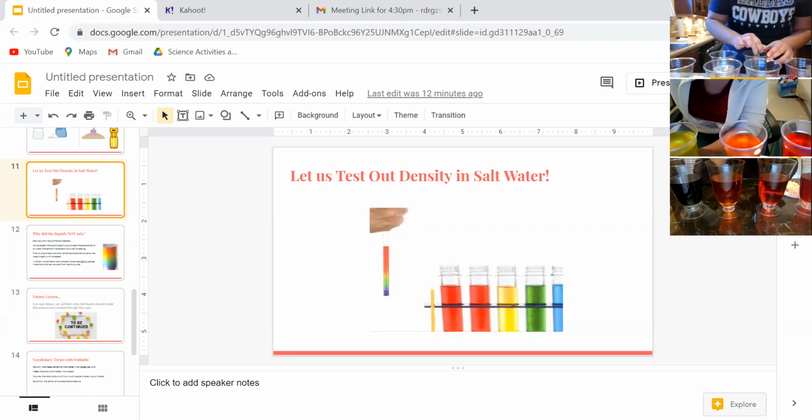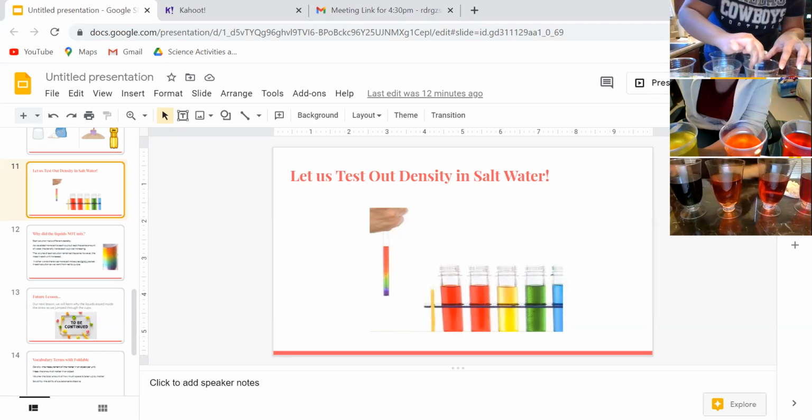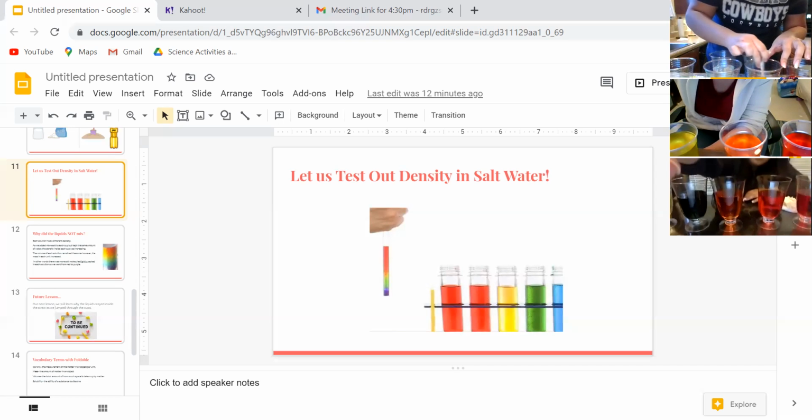So as we're stirring, what have you guys noticed that happened to the salt when we stirred it with the water? You mean before we put the colors in or like after? Yeah, before we put the colors in, as we were doing the experiment, what did you notice when we stirred? And even with the colors?